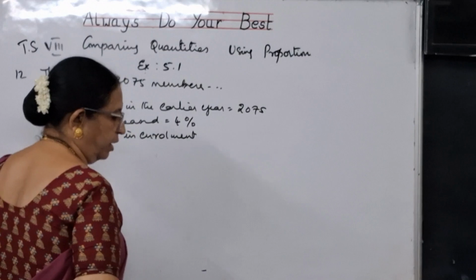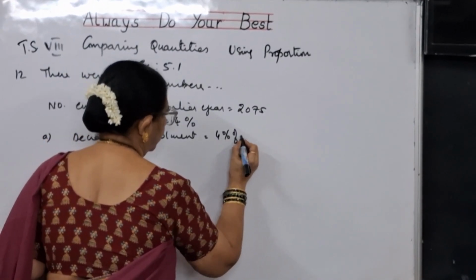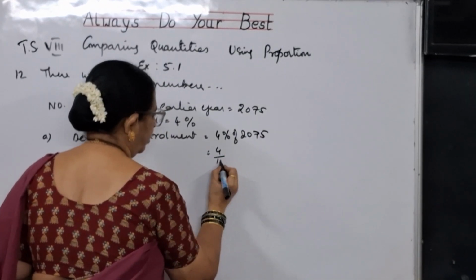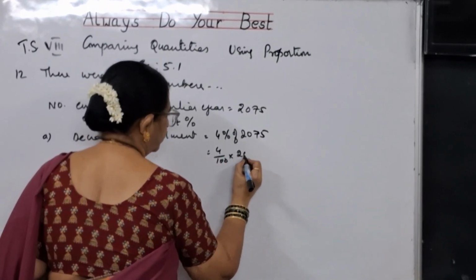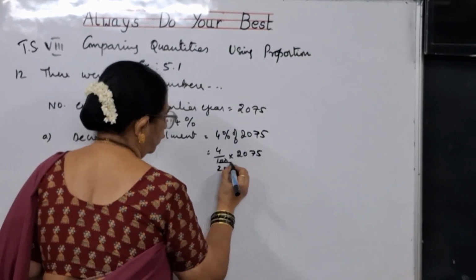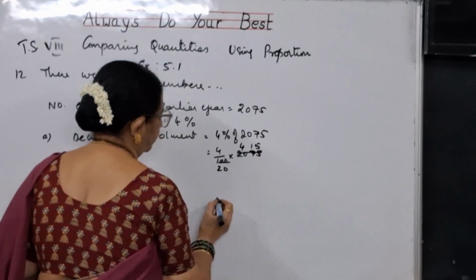Decrease in enrollment is equal to 4% of 2075. That means 4 by 100 into 2075. So 5 2s are 10, 5 4s are 20, 5 1s are 5, 5 5s are 25.